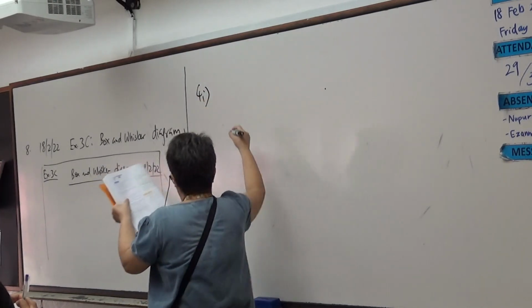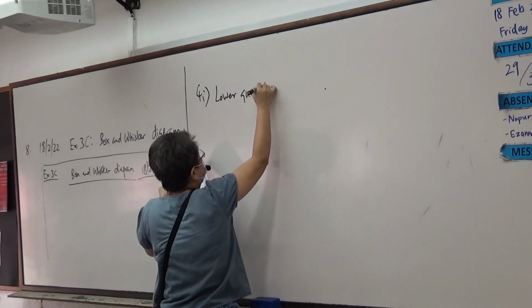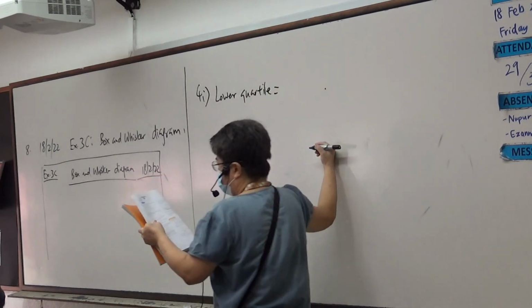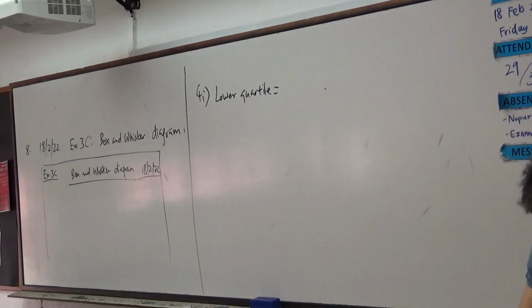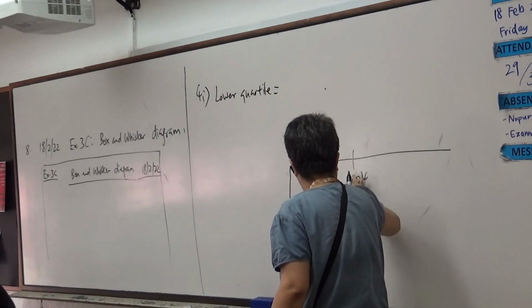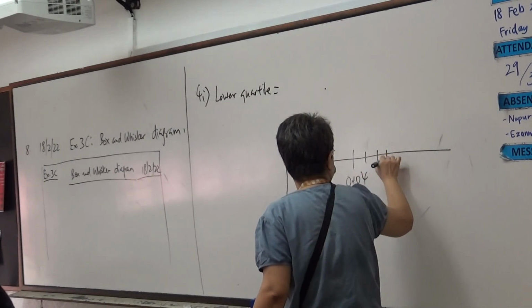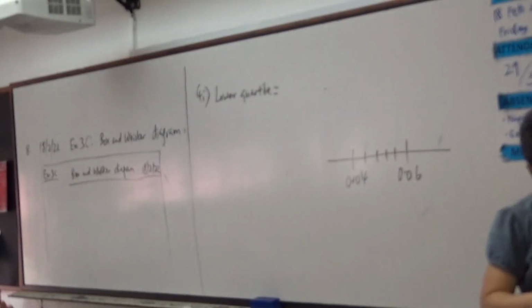State the lower quartile. Okay, all of you write. Lower quartile. What should it be? I want to know how to read. This one, a lot of people don't know how to read.